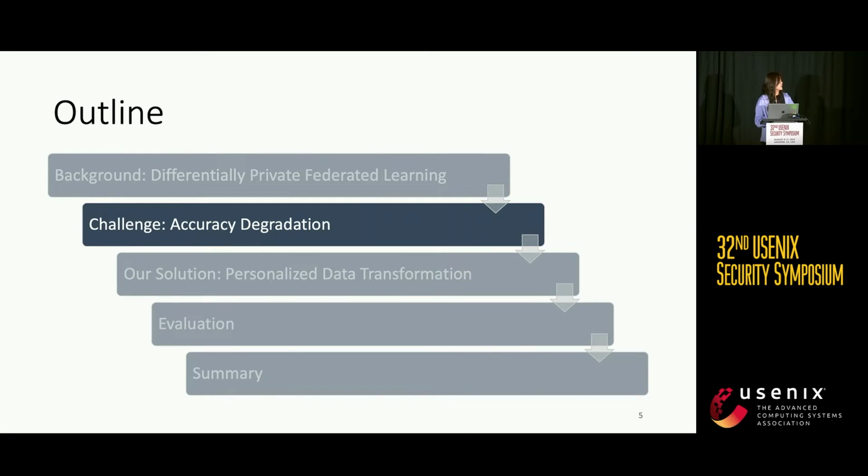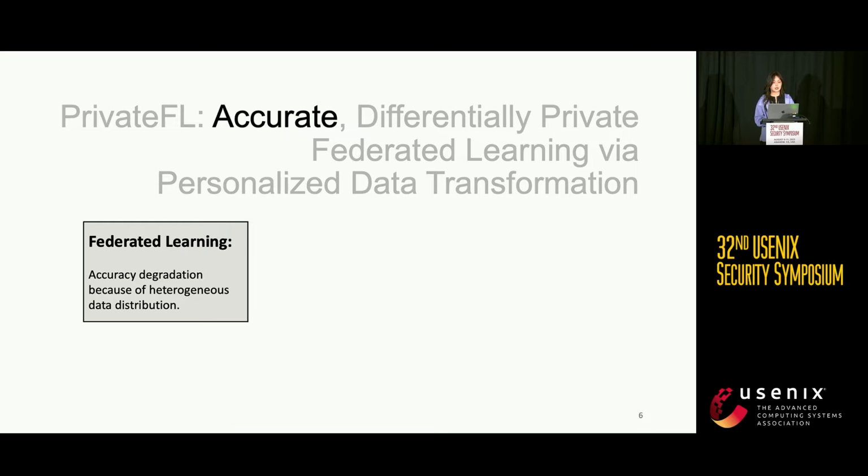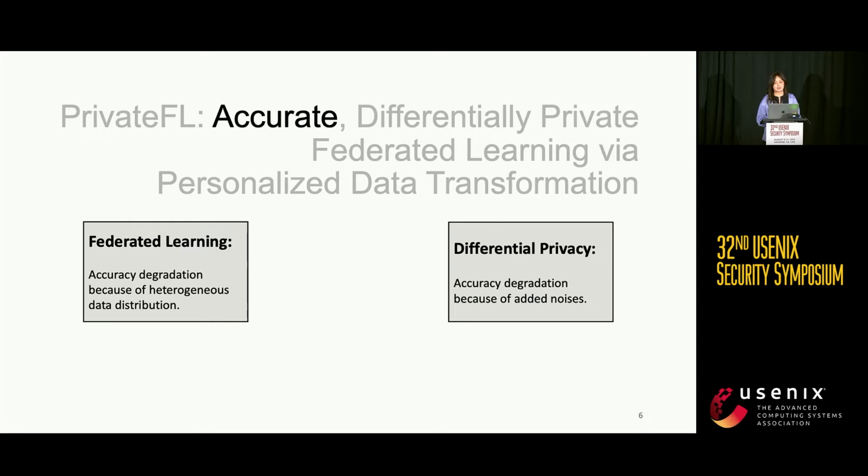The next part is the challenge, which is accuracy degradation. As we discussed before, federated learning becomes inaccurate when the data distribution is heterogeneous, and differential privacy encounters accuracy degradation because of the added perturbations.